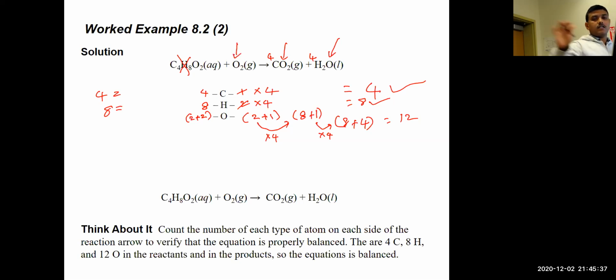And I said we need a total of 12 oxygens on the reactant side because we have 12 oxygens on the product side. Now, these two are not changing, right? One of the set of two is not changing. So this 2 is changing. So what we can do is multiply that 2 with 5 so that it will become 2 plus 10 by putting 5 there, so that the total will be 12.